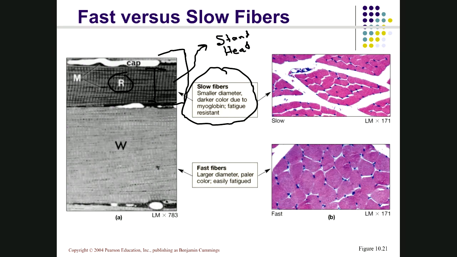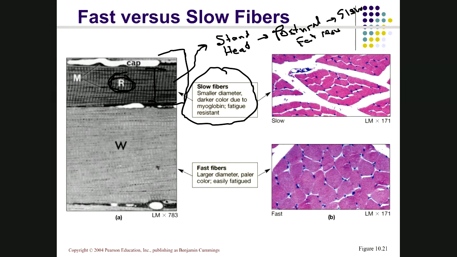And so the muscles that have these red fibers are postural muscles. Think about posture. Think about standing. Think about holding your head up. It does not need to happen fast. It's slow, but you don't want it to get tired. You don't want your head to just fall over. And so they're very fatigue resistant.